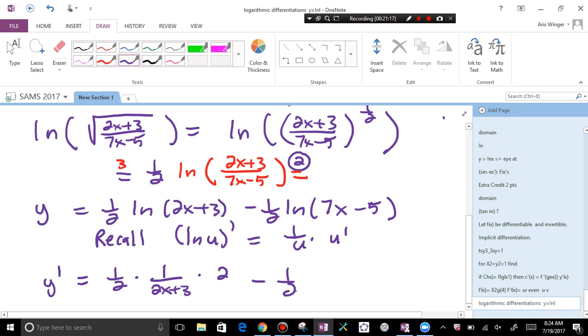Minus, I'll hold the 1/2 as a constant on the outside, the derivative of the natural log of 7x minus 5, which is 1 over 7x minus 5 times 7. Questions? So by using those rules, taking derivatives of logs is really, really straightforward.